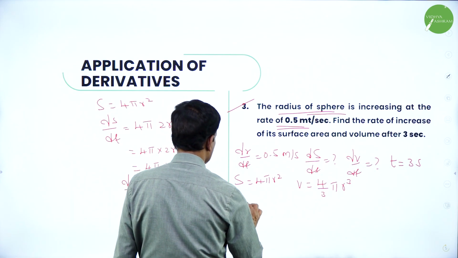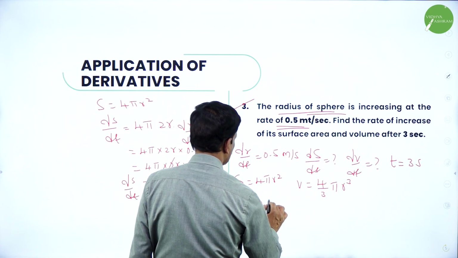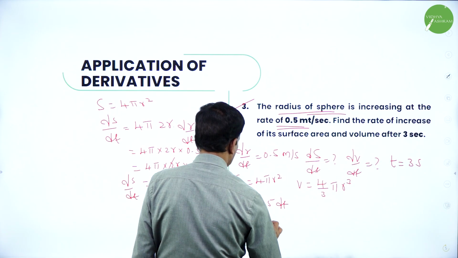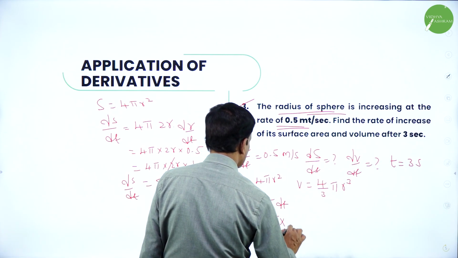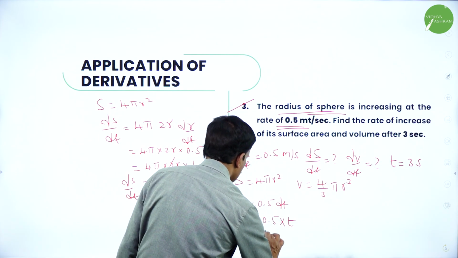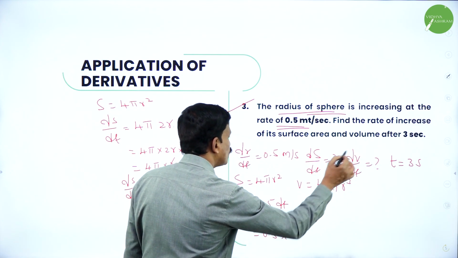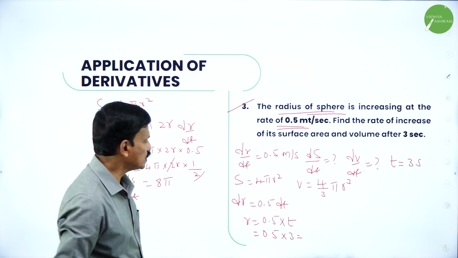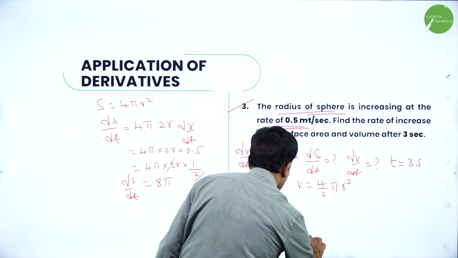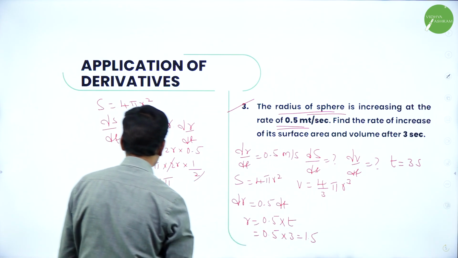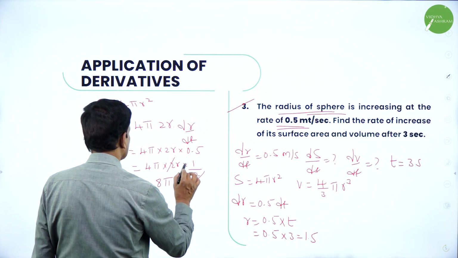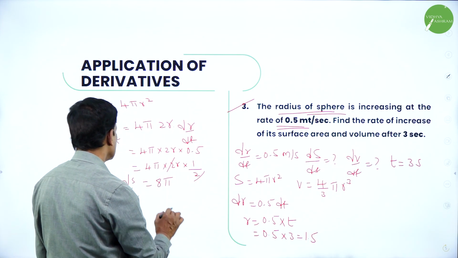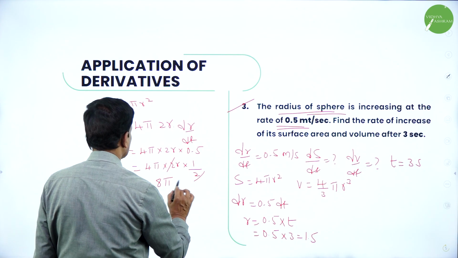From this, dr is equal to 0.5 dt, therefore r is equal to 0.5 into t. What is t? t is equal to 3, so 0.5 into 3 is nothing but 1.5. Substitute here, so this is 4 pi into r.